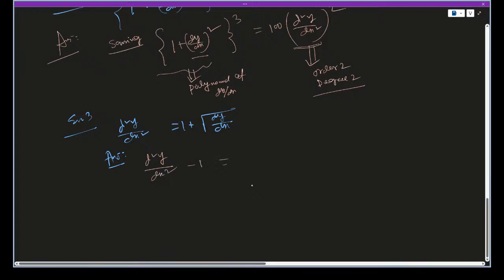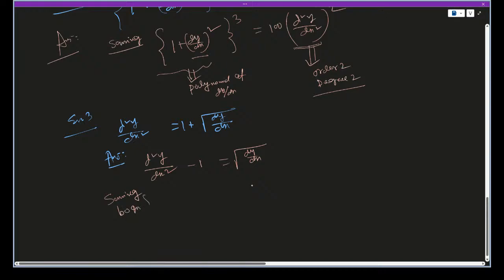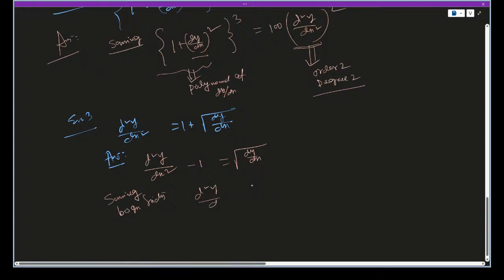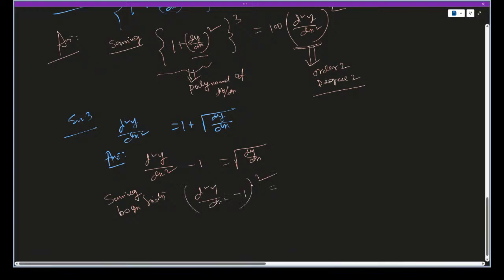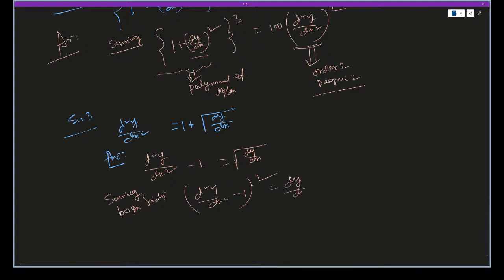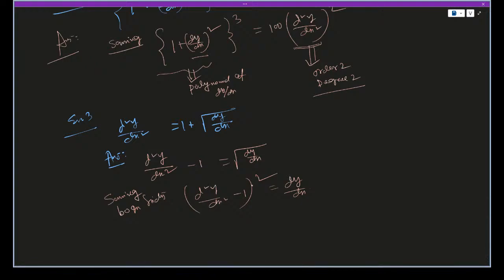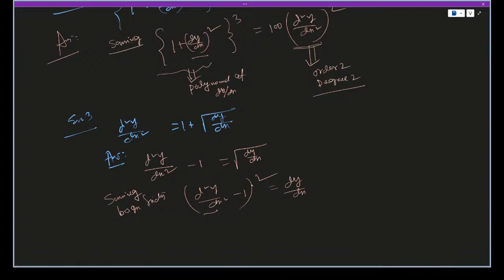So what I'll do here first, I'll write this way, then squaring both sides, equal to dy by dx. If you arrange it in the form of polynomial, the highest order derivative is this and its index is going to be 2.